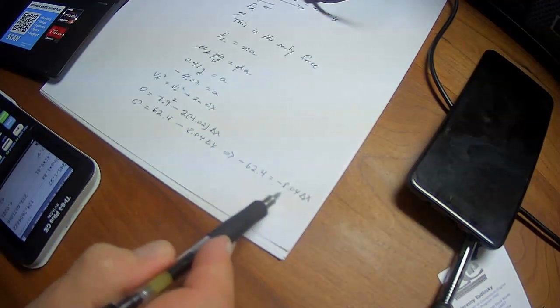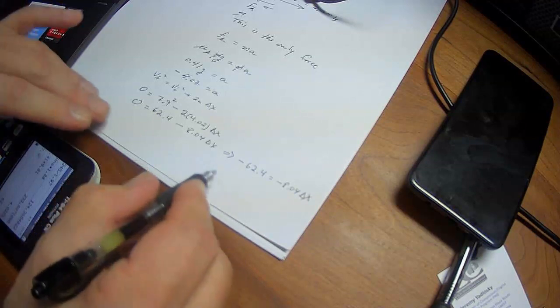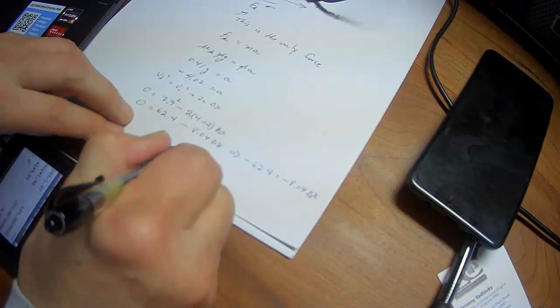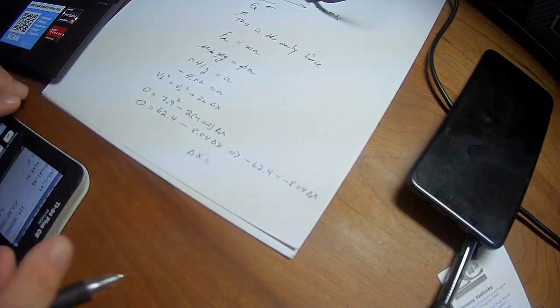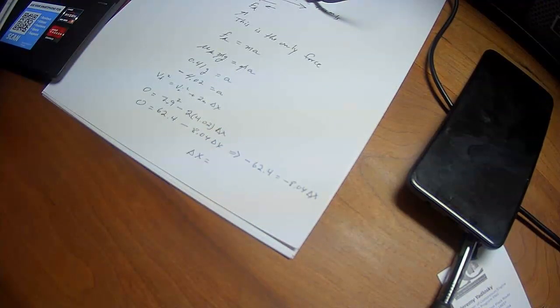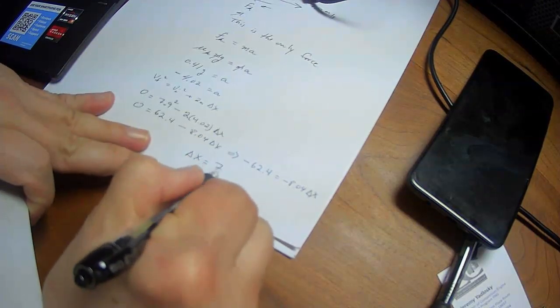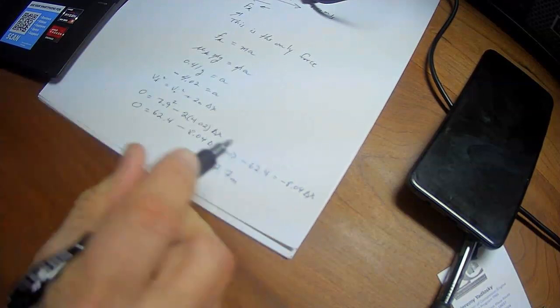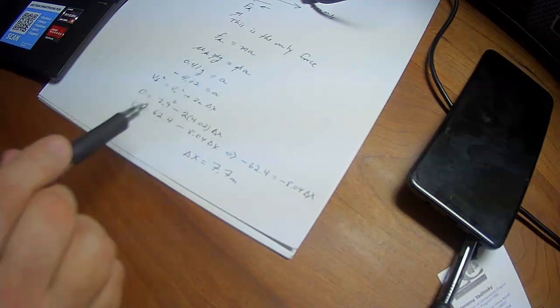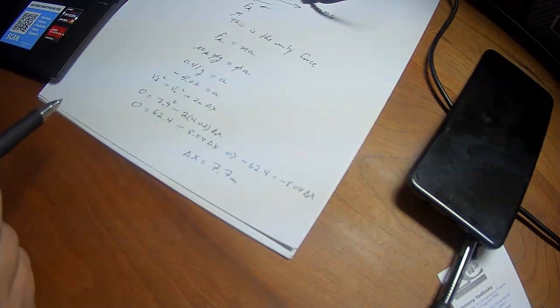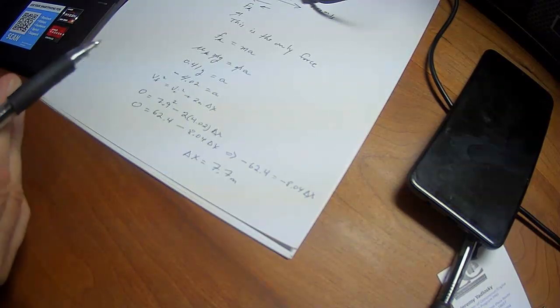And then I can divide both sides by negative 8.04. So my delta x, the distance in which he travels before he stops, is going to be about 7.7 meters.